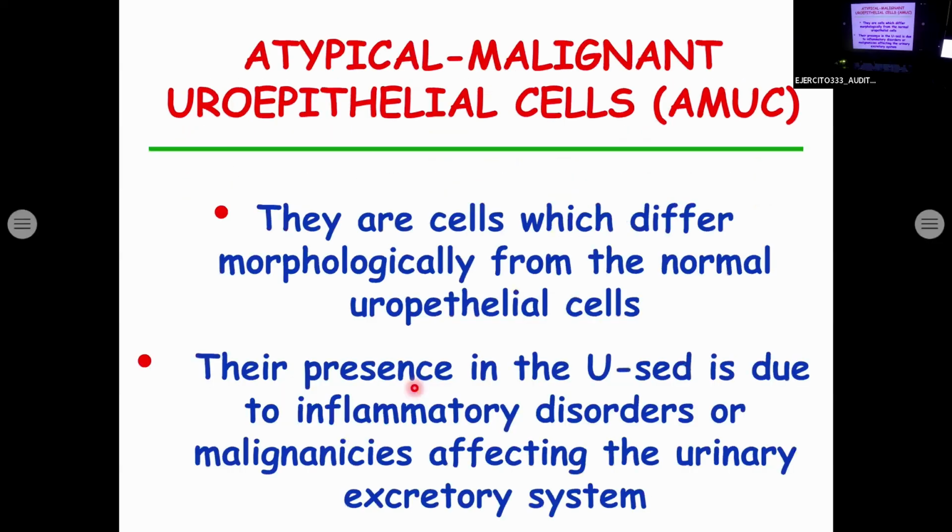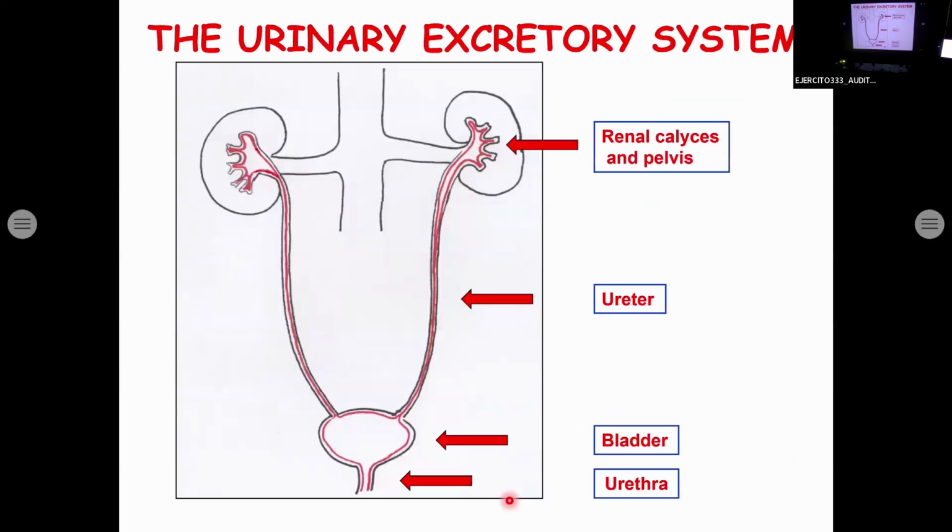Okay. What are the atypical malignant cells for friends of EMUC? They are cells which differ morphologically from the normal uroepithelial cells. Their presence in the urine sediment is due to inflammatory disorders or malignancies affecting the urinary excretory system. What is the urinary excretory system?